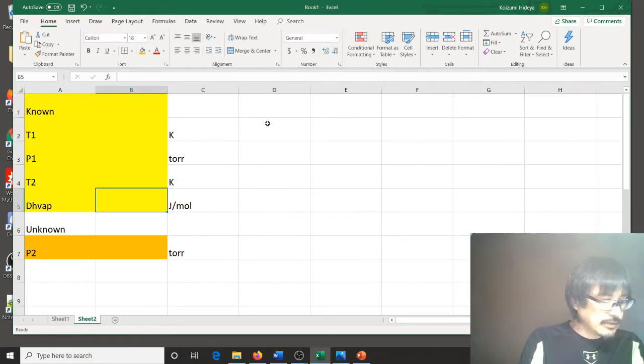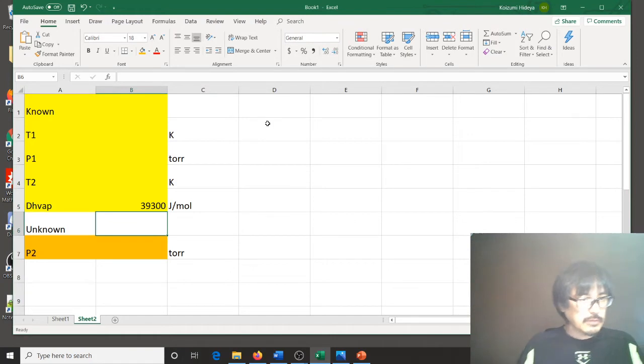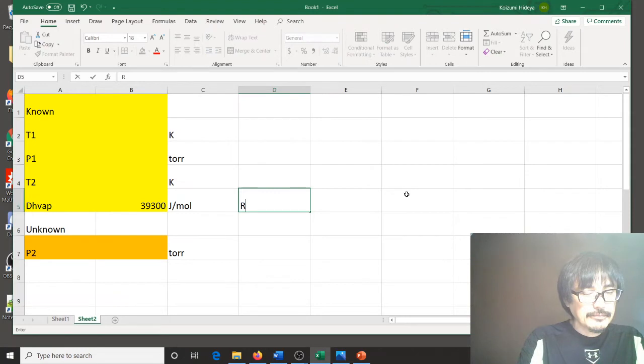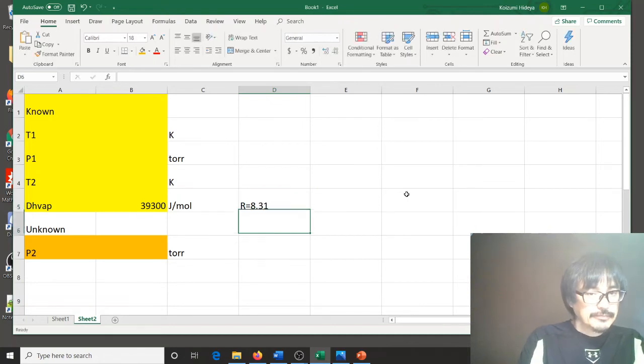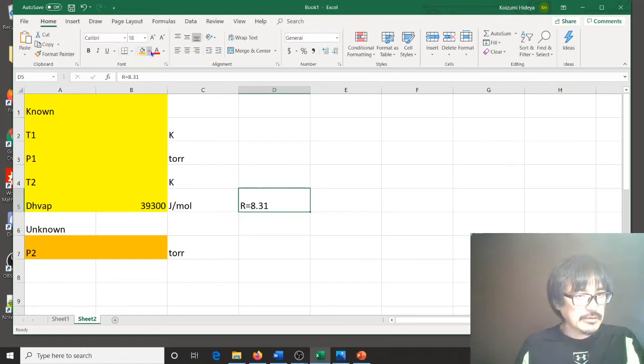So that one right there is going to be 39,300 joule per mole. The reason I use joule is that R right here, R equals 8.31, is also in joules. So that's also a known piece of information.